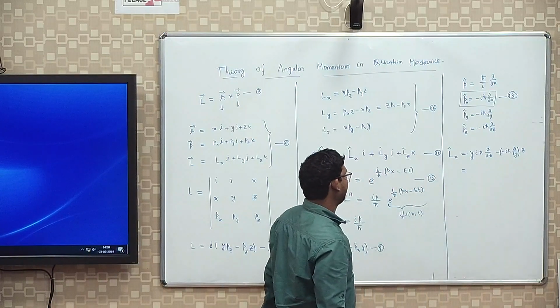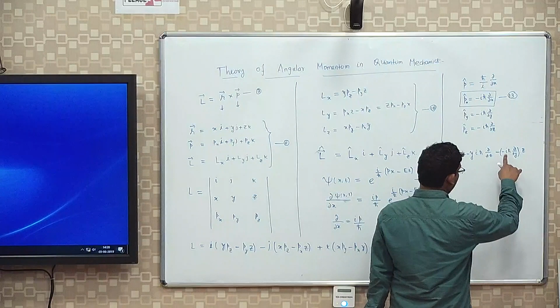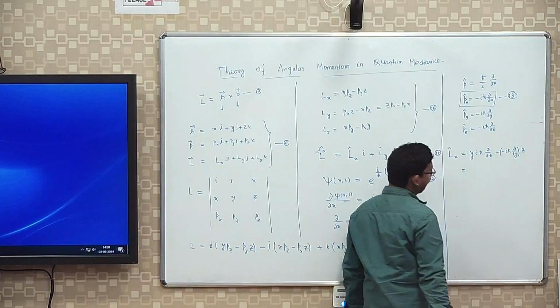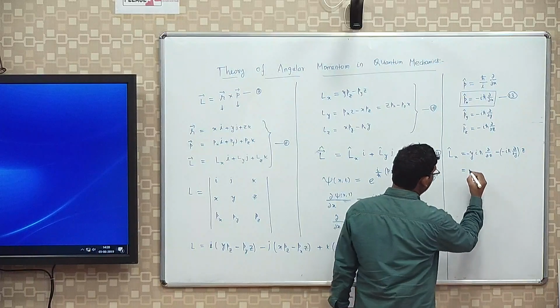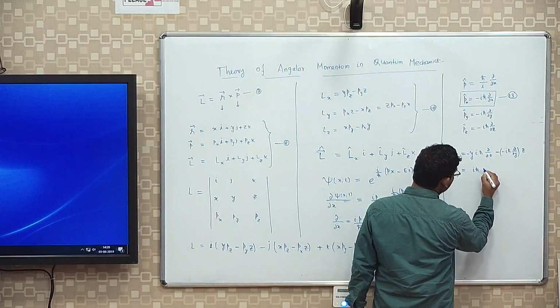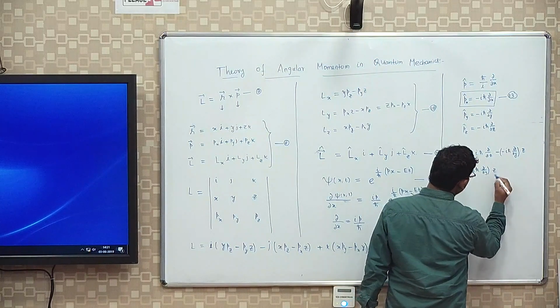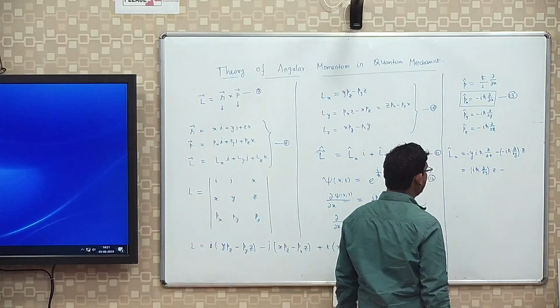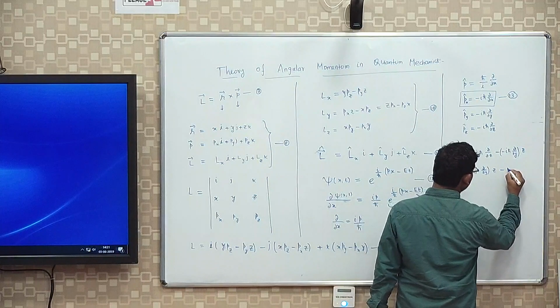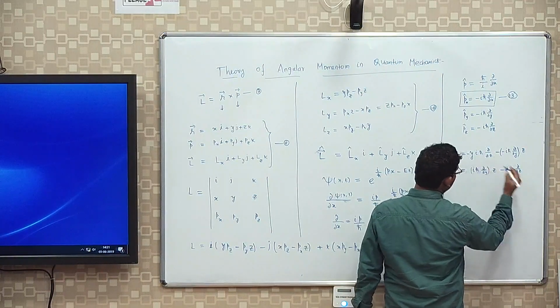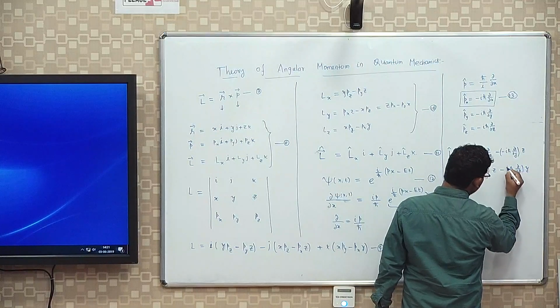Further we can simplify this expression. Here one i is there, these two if you multiply it will become a positive sign, then i h cross y dou divided by dou z minus i h cross z dou divided by dou y.